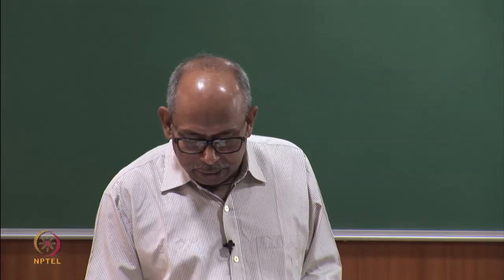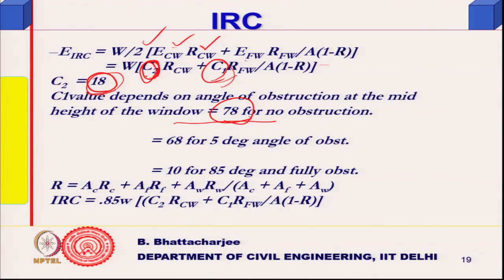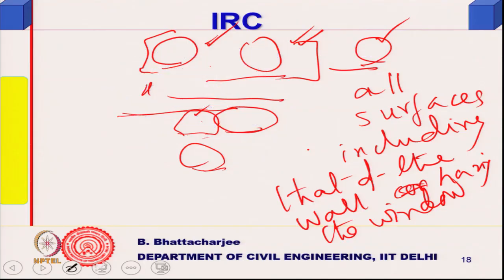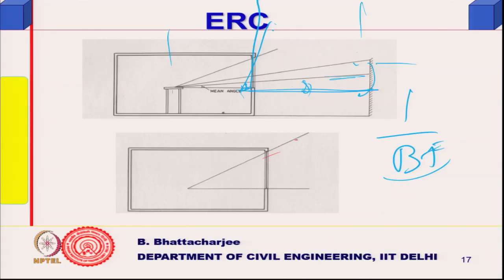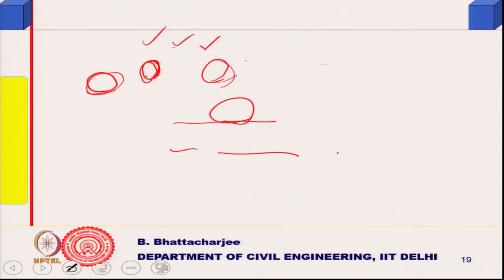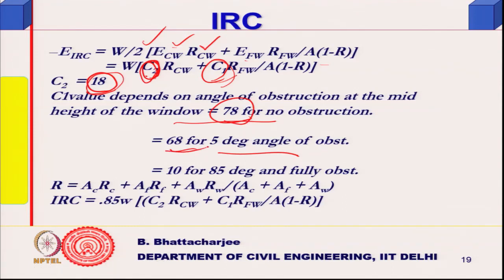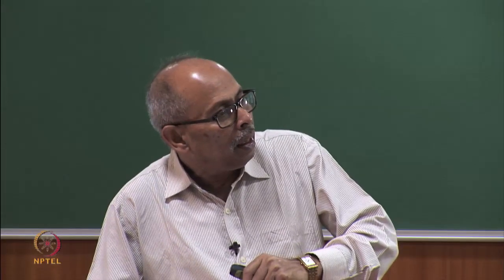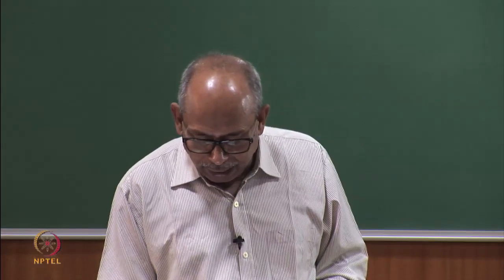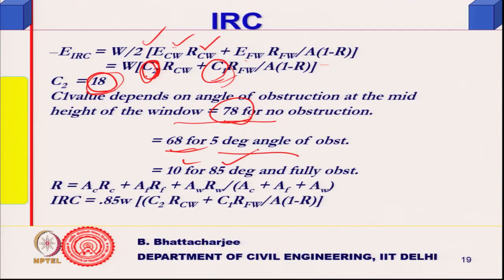So, this value is 78, and 68 for a 5 degree angle of obstruction. For example, in this diagram, if this angle of obstruction is 5 degree, then this value is taken as 68, because 5 degree means 85 degree is mostly open.